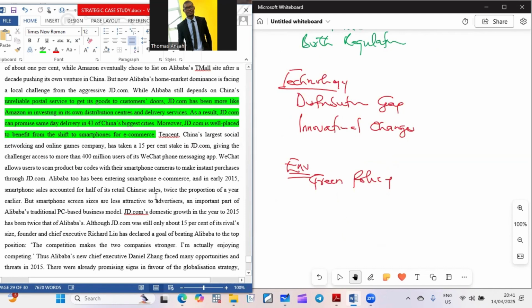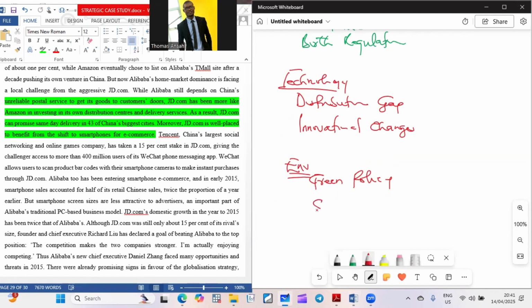I told you: pollution, sustainability, and product stewardship. Those three things. Alibaba has the potential of sustainability, because if you check the concept described, Alibaba's business model was in support of the transition to protect global environmental priorities. It was there. So that is what you use.